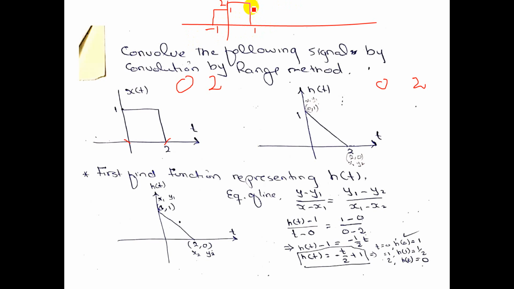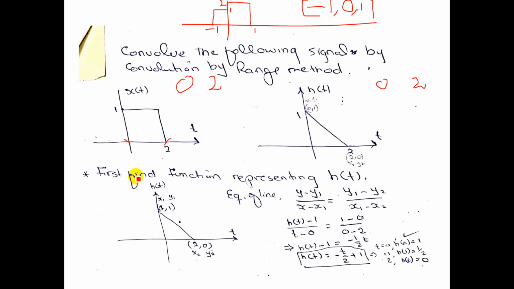What are the endpoints of this signal? The endpoints are minus 1, 0 and 1. Why? Because I have one function between minus 1 and 0, and another function between 0 and 1.